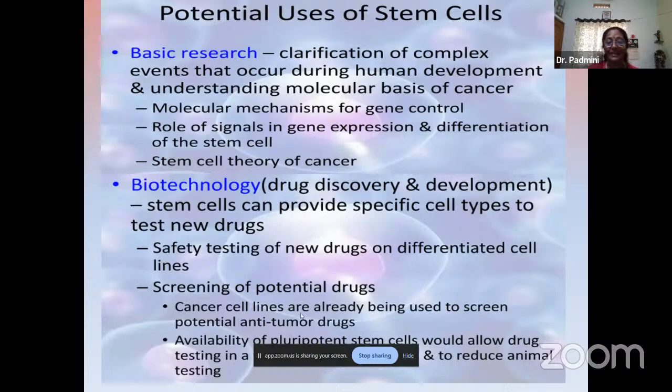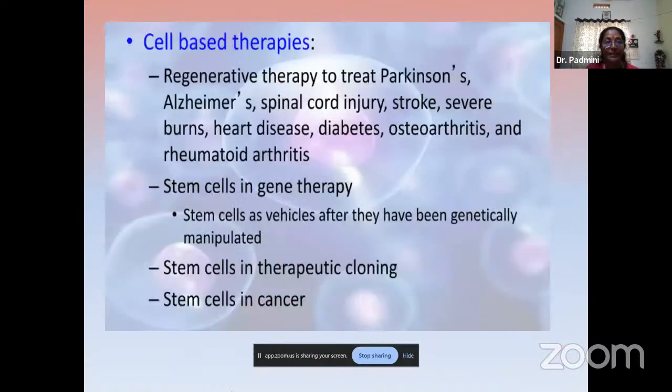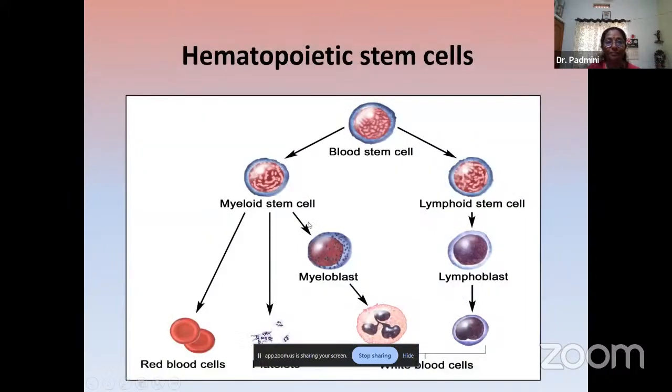For example, cancer cell lines for anti-tumor drugs, then availability of pluripotent stem cells for testing different types of diseases, and cell-based therapies for Alzheimer's, spinal cord injury, stroke, severe burns, heart disease, diabetes, osteo and rheumatoid arthritis. These can form the vehicles for genetic manipulations and therapeutic cloning, and also in cancer. So we are left with hematopoietic stem cells. This we will continue in the next class, that is tomorrow.